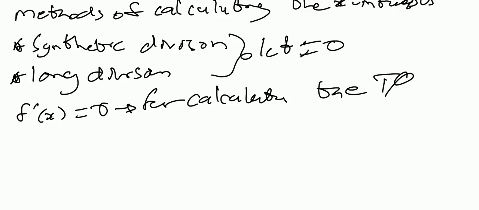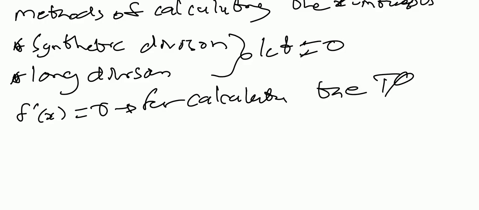The turning point, I'll write it as TP. Remember, this formula only gives you the x values of your turning points, which are the maximum and the minimum. When you derive, you find the maximum or the minimum.